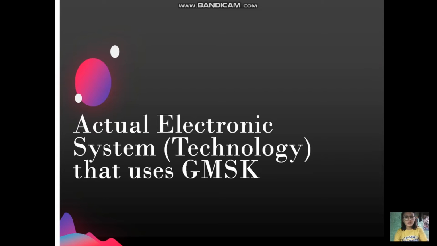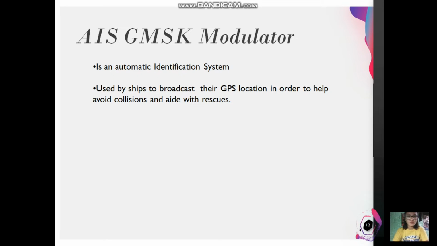Now let's discuss the actual electronic system or technology that uses GMSK. We're going to discuss AIS modulation using GMSK. AIS is the Automatic Identification System, a navigation system that ships use.